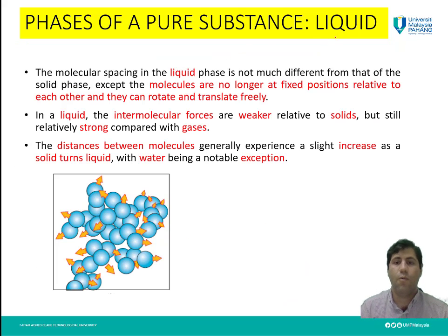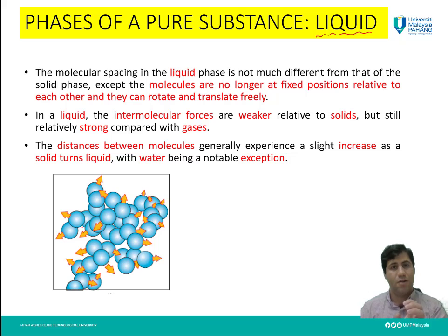Now let's see what the liquid phase is. The molecular spacing in the liquid phase is not much different from that of the solid phase. The molecular spacing means the space between the molecules, and as you can see here, they are still close to each other.